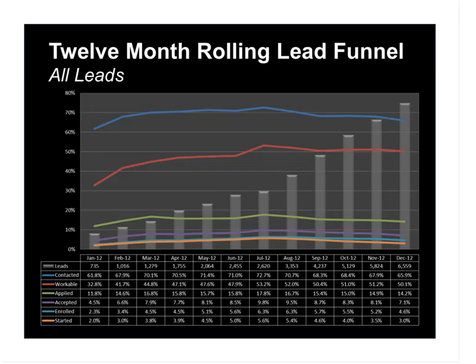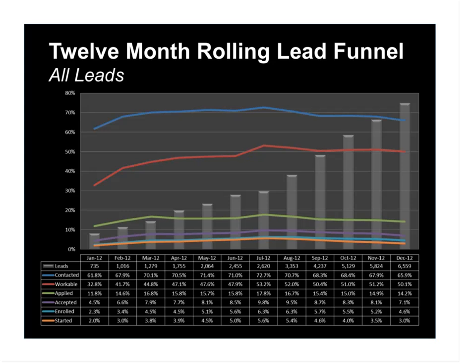All right, so the next few slides are going to look pretty similar. This is a 12-month, what we call lead funnel analysis, for all leads. So you're doing a cumulative 12-month average. For example, this mythical school has been increasing the lead flow while you're looking at your enrollment funnel conversion rates: your contact rate, your applied rate, acceptance rate, and so on.